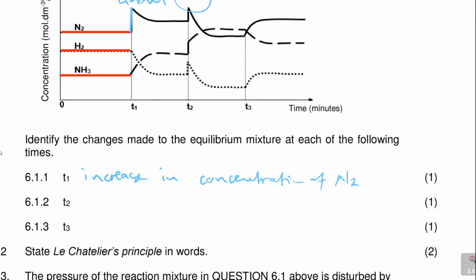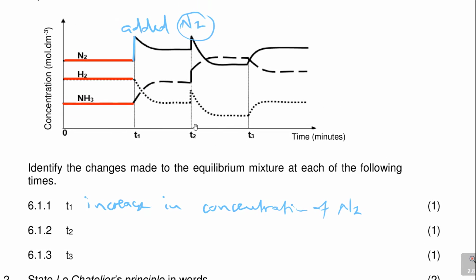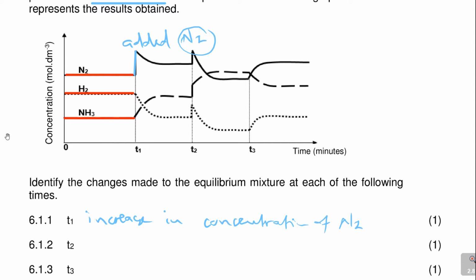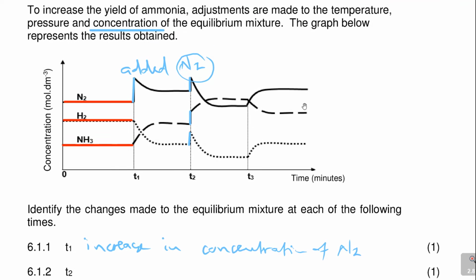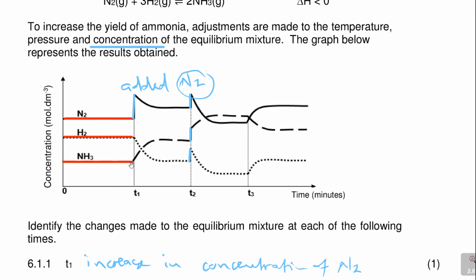What about T2? If you look at T2, something is interesting. The equilibrium was established, but look at it. There is that spike that looks even. It's like a similar kind of spike. But let's look at the yield here.